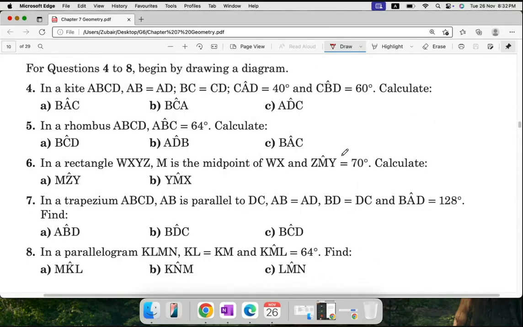From question 4 to 8, begin by drawing a diagram. So in a kite, 4 to 8, we'll just do two of these in detail.